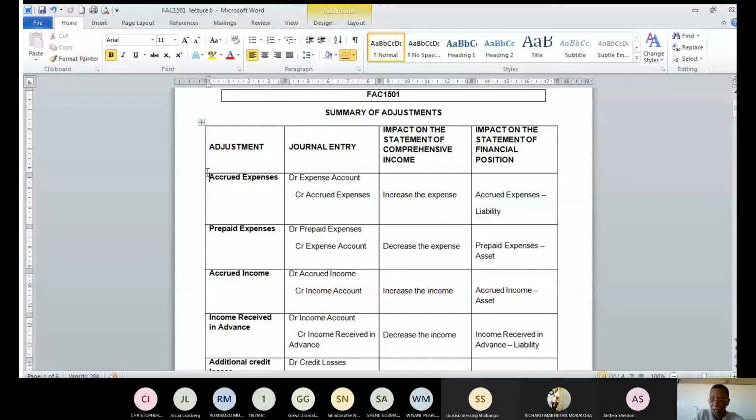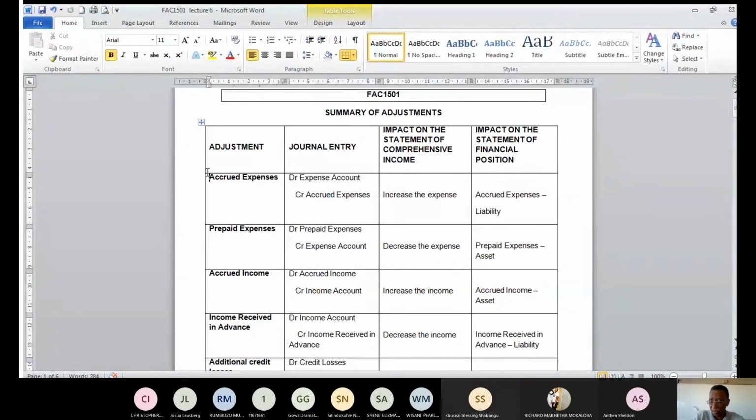For example, it could be the telephone account for the last month. If your financial year ends on the 31st of December and you receive the December account in January, it means you did not pay the December account as yet.